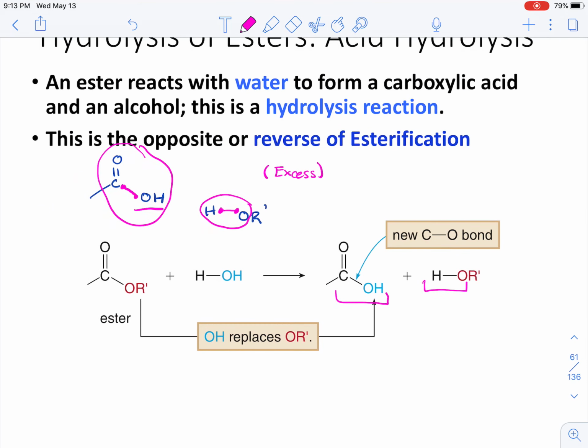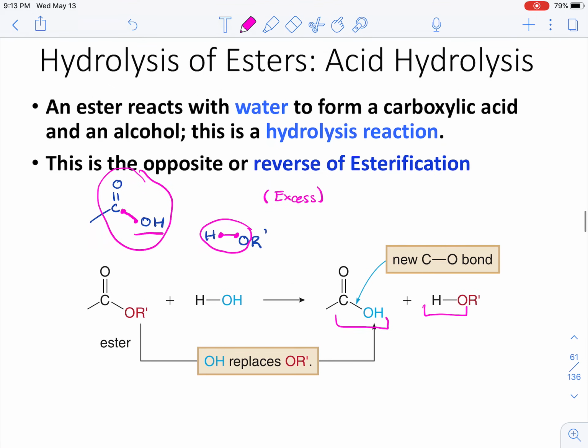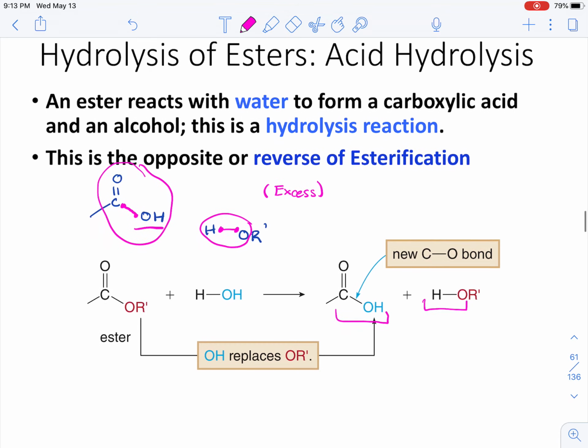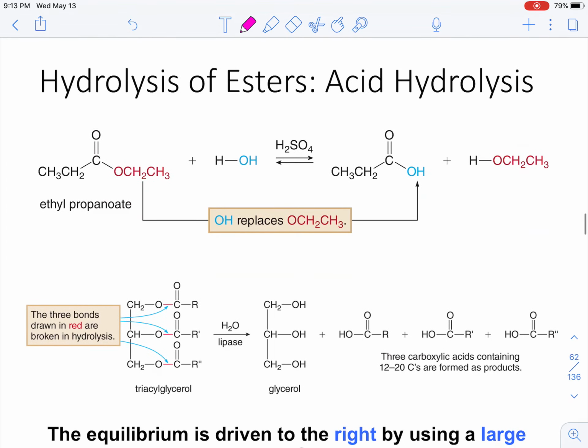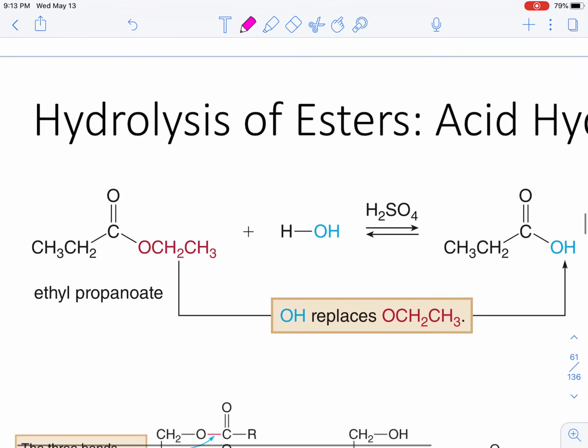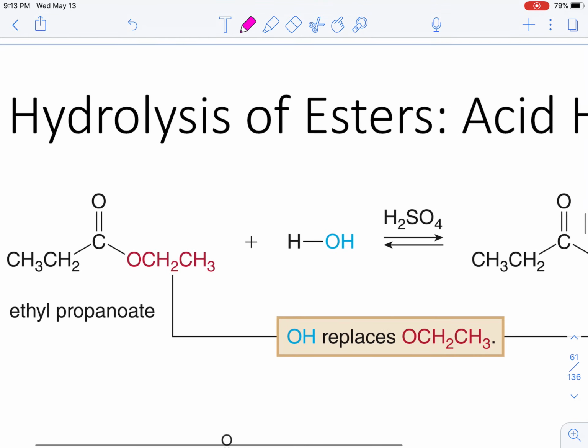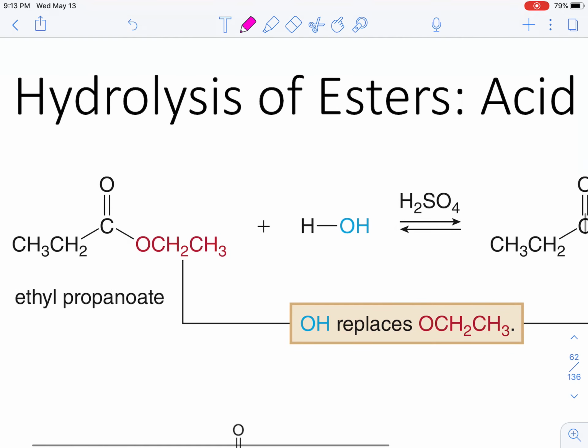And so we're going to go ahead and take a look at another example that will demonstrate this, and then we'll do some examples on our own. And so here we have ethyl propanoate, and the ester is found inside the pink circle that I drew.